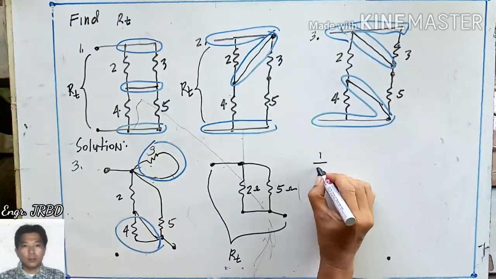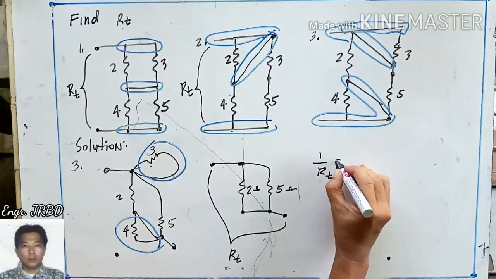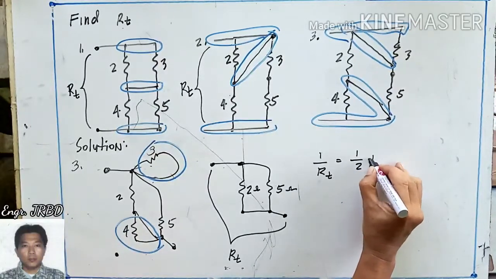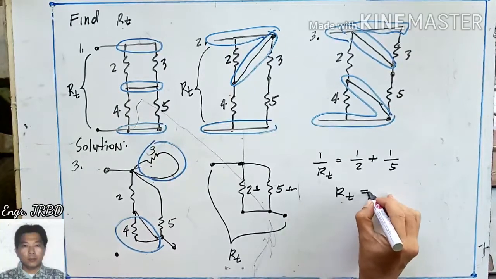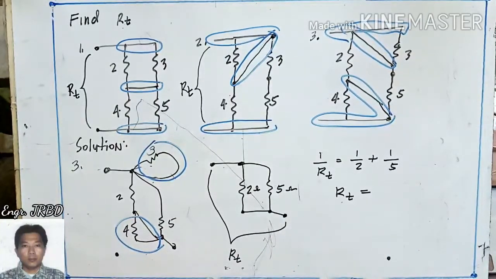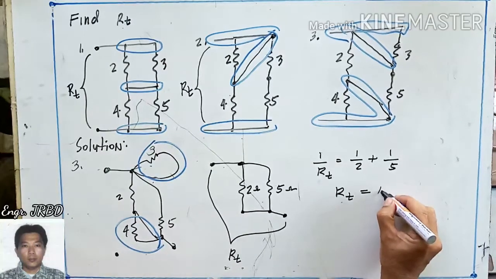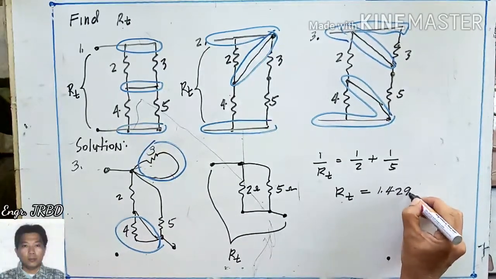So 1 over R total is 1/2 plus 1 over 5. The total resistance is 1.429 ohms.